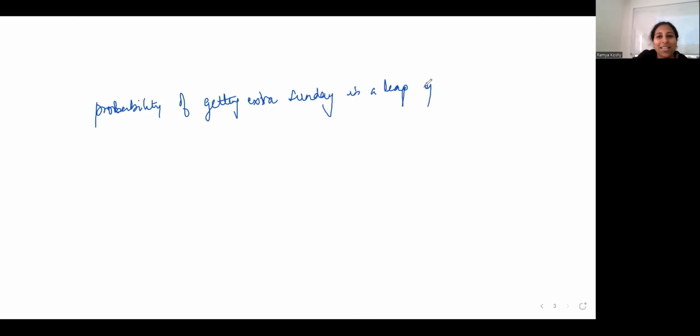In a leap year, it is not 1/7. What's the probability of getting extra Sunday in a leap year? In a leap year, how many days are there? 366 days, which is equal to 52 weeks plus 2 days. 366 divided by 7, you will get remainder as 2. 52 weeks have 52 Sundays.